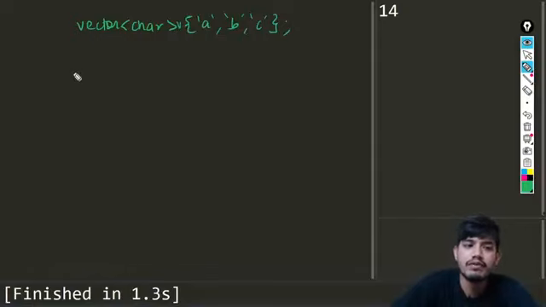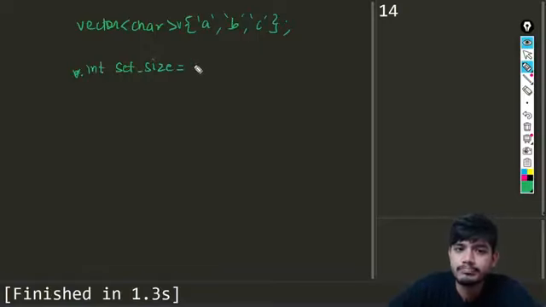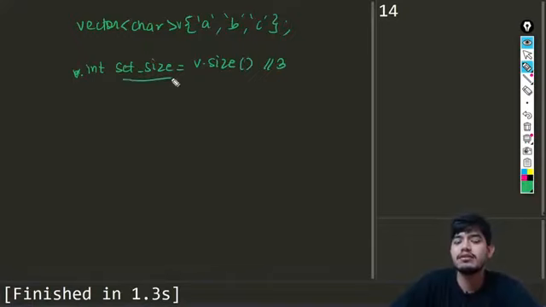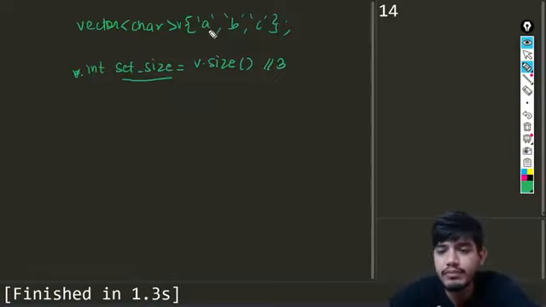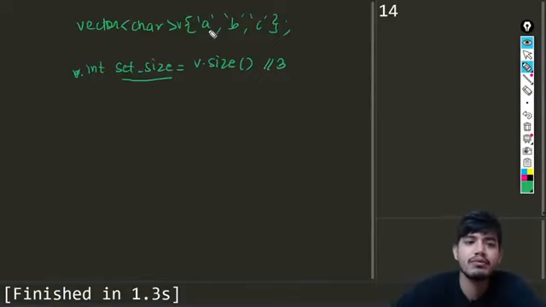And first we are going to find the size of the set. So I'll write integer set size, and I'll call that v dot size, which will be 3 in this case. So v dot size gives you the size of the set, and then we'll find the total number of combinations that are possible.